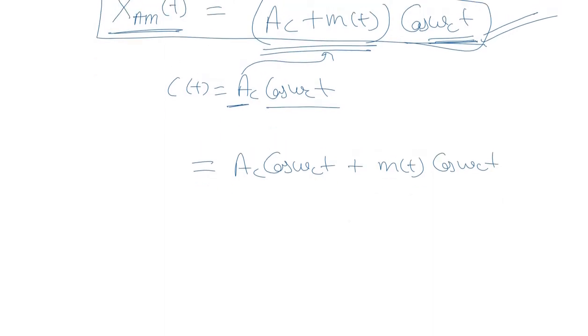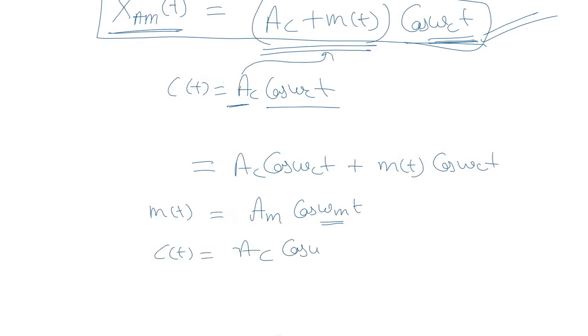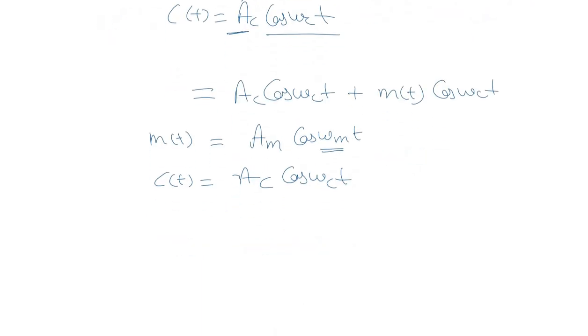Now let's take a very valid assumption that the message signal is also a sinusoidal signal with expression AM cos omega_m t. AM is the amplitude of the message signal, omega_m is the frequency of the message signal, and the carrier signal we already know is AC cos omega_c t, right?